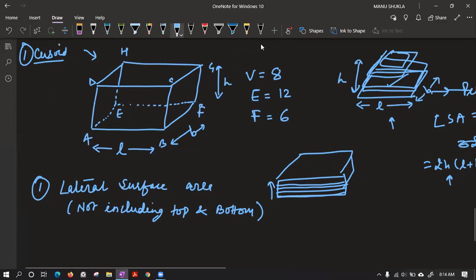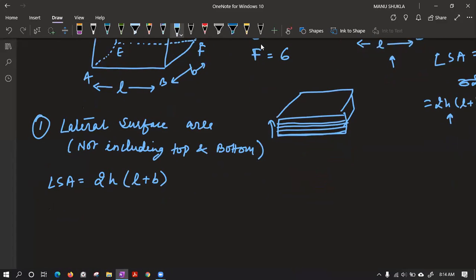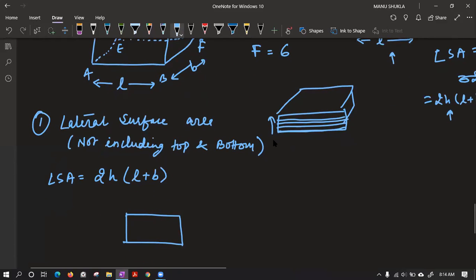Now comes the normal way to find the lateral surface area. We have seen the LSA is twice H(L plus B). Now, if you want to find it normally, you can see the front face, that is ABCD.